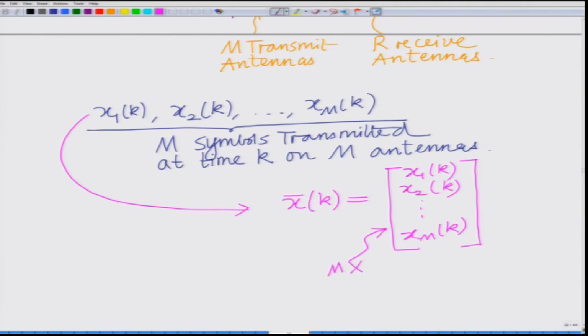This is your m cross 1 vector, the same as the m cross 1 input vector that we have seen previously. So, x1k, x2k, xmk are the m symbols transmitted from the m transmit antennas. Naturally, y1k, y2k, yrk are the r received symbols on the r receive antennas.